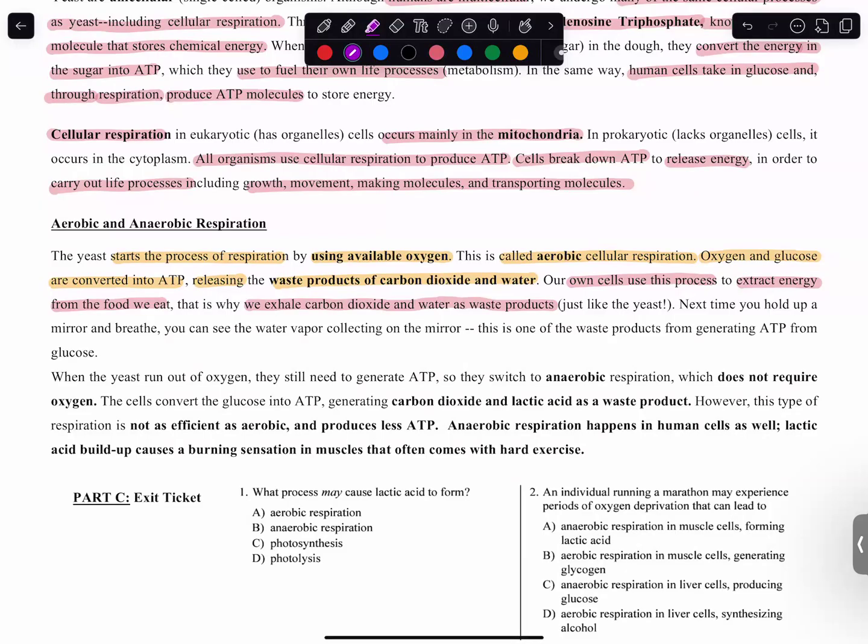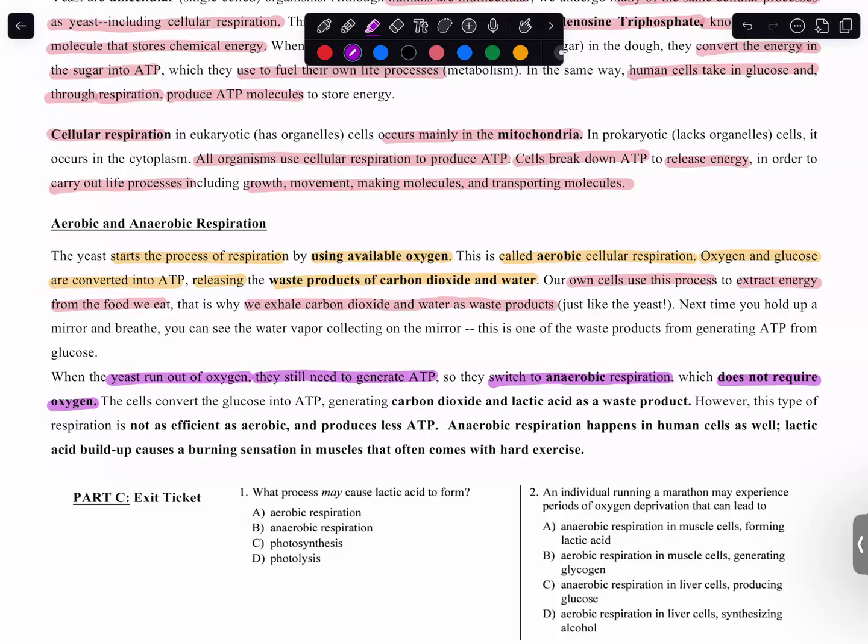Now, when the yeast run out of oxygen, they still need to generate ATP, so they switch to anaerobic respiration, which does not require oxygen. So anaerobic means no O2 is required, okay? But they can still make energy. Let's explore.